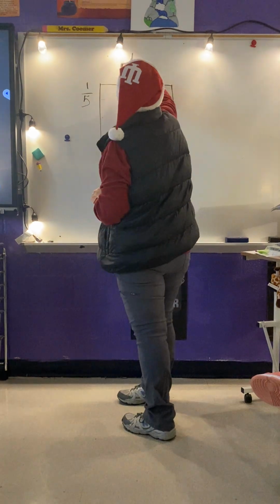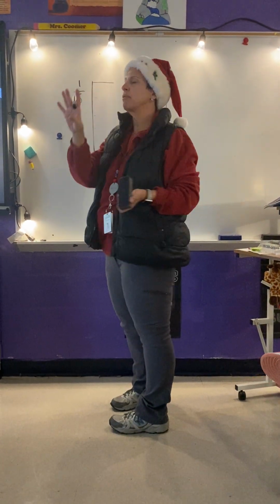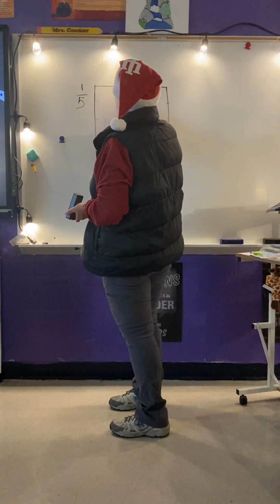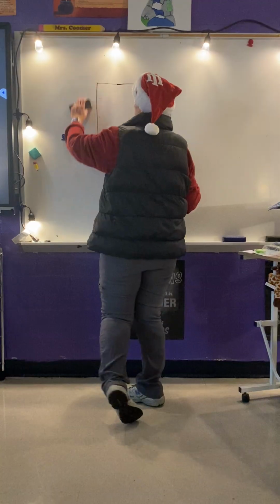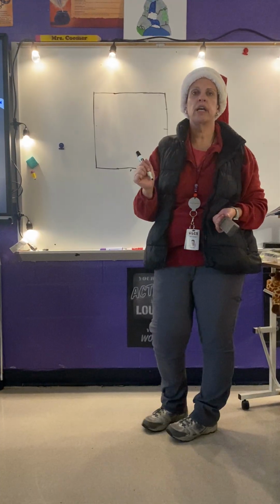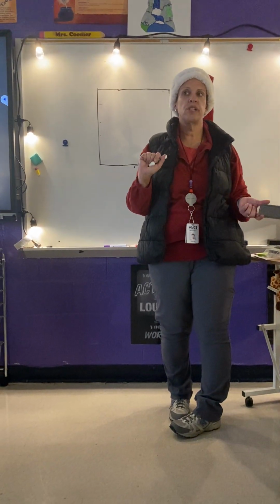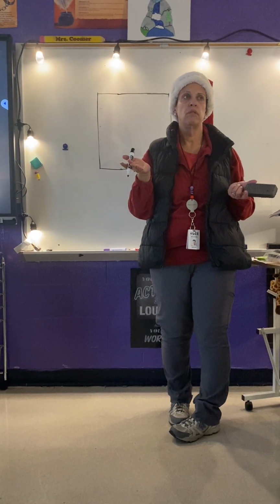Okay, guys, stop overthinking it. Look up here. I have a park, and I'm gonna cut it in half. Everybody understand that? If I cut it in half, I split it how?